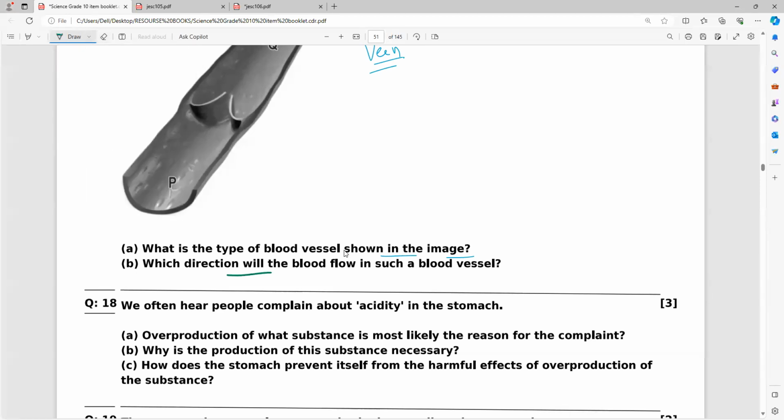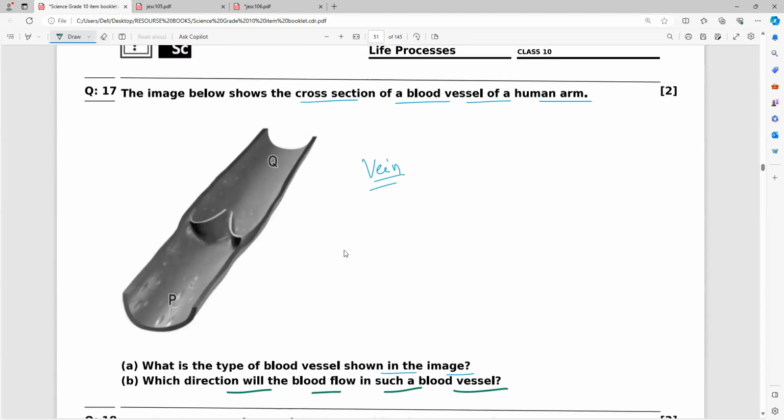Next, in which direction will the blood flow in such a blood vessel? Check it, everybody. They mentioned P and Q. So this is P and this is Q. Now in which direction are you expecting, from P to Q or Q to P? Check it. P to Q. So please note it. This is again a pressure concept.